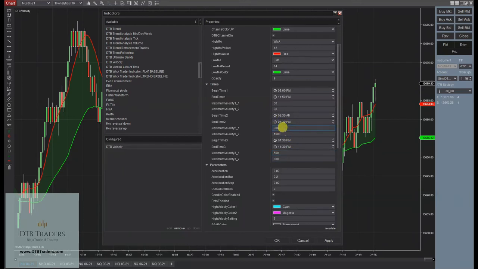The price is going to move so much faster, so you can increase the velocity numbers to suit the market conditions or the time of day. Right now, for the beginning time, I've selected 8 p.m. to 11:50 p.m. and I've put in numbers 60 to 80. You can change these times to whatever time you want to put in.